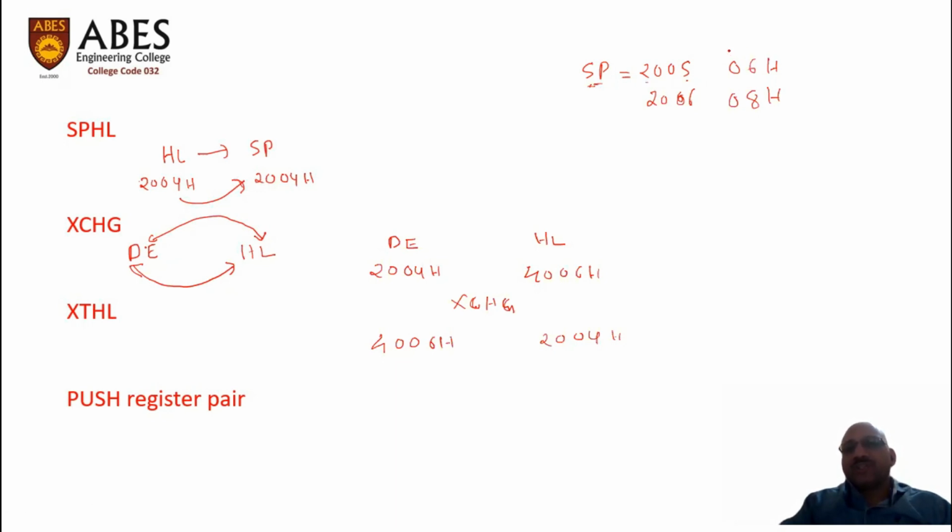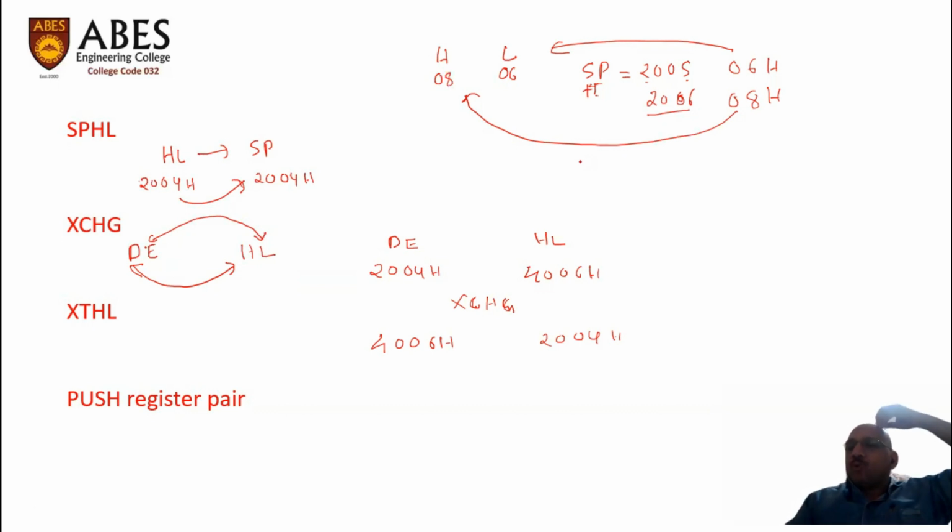This value 06 moves to the L register. So first the value pointed to by the stack pointer will move to the L register. Now the value of L will be 06H. After that, the stack pointer will be incremented by 1, and the stack pointer value will be 2006H, and this value will now move to the H register.